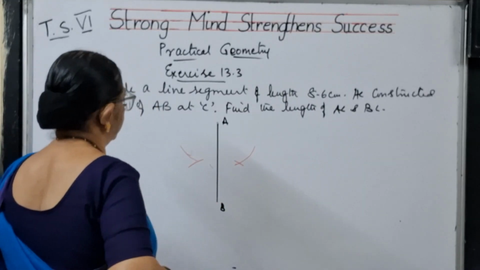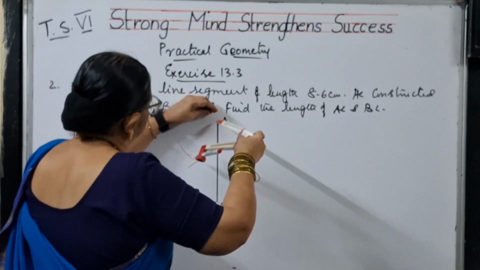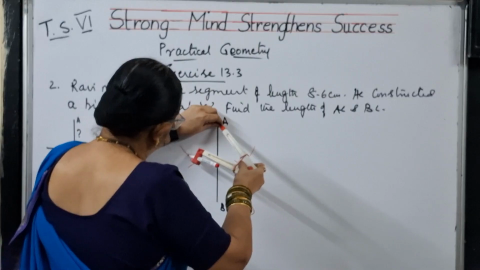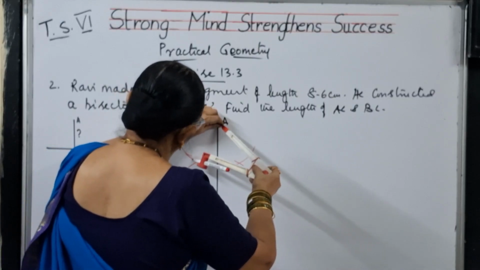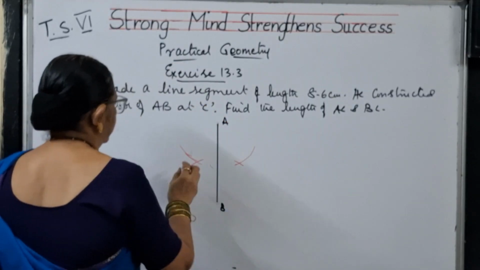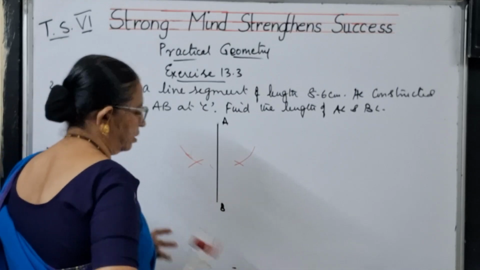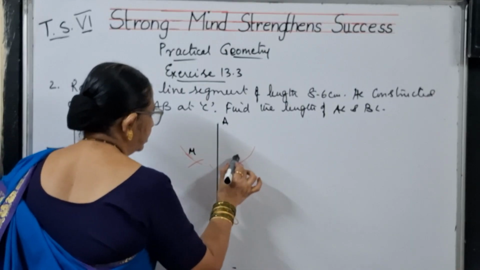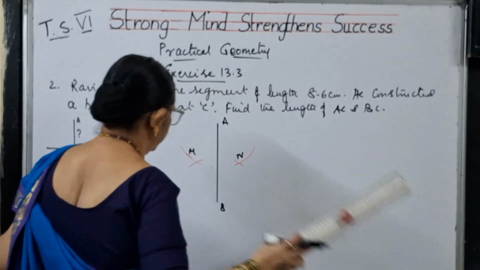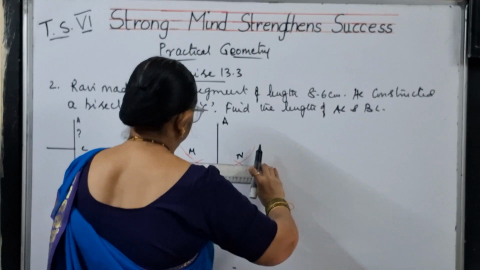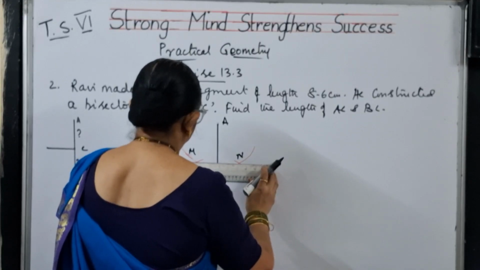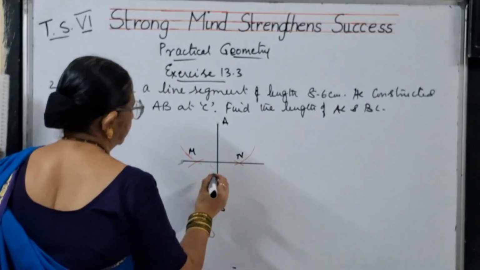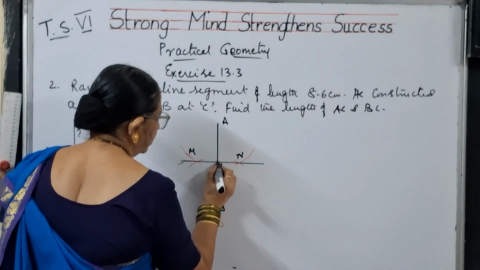This arc is not cutting, so I should extend the earlier arc till it touches this line. So these are the bisectors. Let me call these M and N, and you join this MN. When you join MN, this point is C.